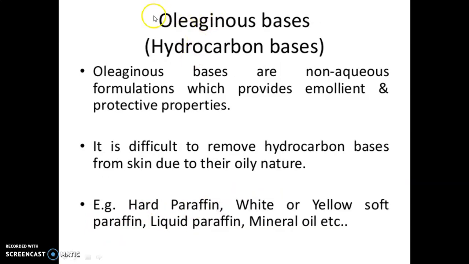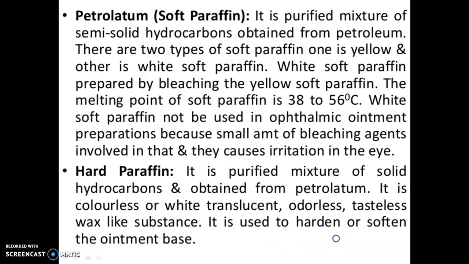So let's see the first type, oleaginous bases, meaning hydrocarbon bases. Oleaginous bases are non-aqueous formulations which provide emollient and protective properties. It is difficult to remove hydrocarbon bases from the skin due to their oily nature. For example, hard paraffin, white or yellow soft paraffin, liquid paraffin, mineral oil, etc.